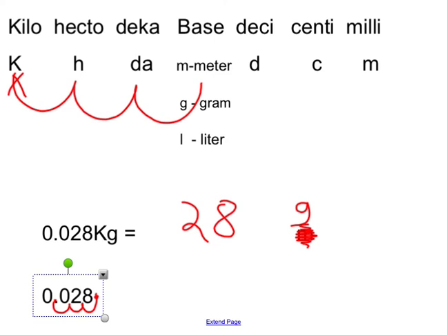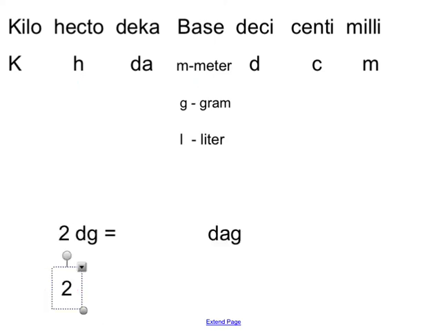So, next try. Now on this one, I have 2 dg. So I have decigrams. Remember, deci is D and deca is DA. So now I'm going from deci right here, and I want to go to deca, which is over here.